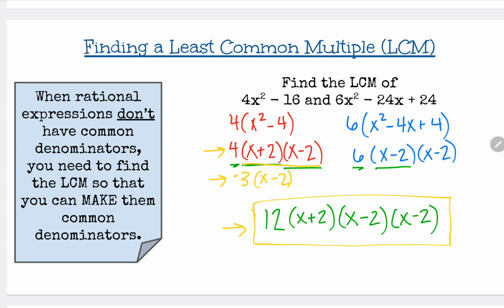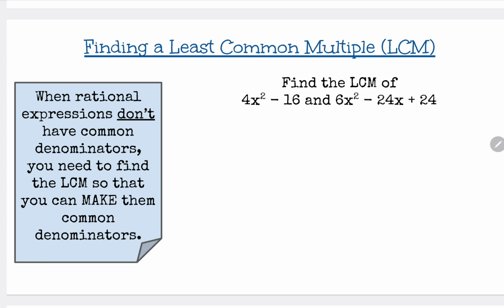And likewise, I can multiply the second expression by 2, 6 times 2 is 12, and x plus 2, and I would get this least common multiple. So that's our goal in coming up with a least common multiple or a common denominator: we need to be able to multiply each original expression by something to end up with your least common multiple. If that was confusing, it might make more sense when we actually start adding these.